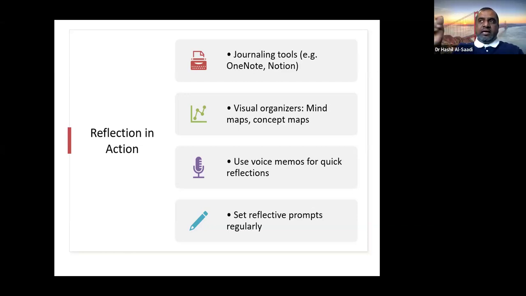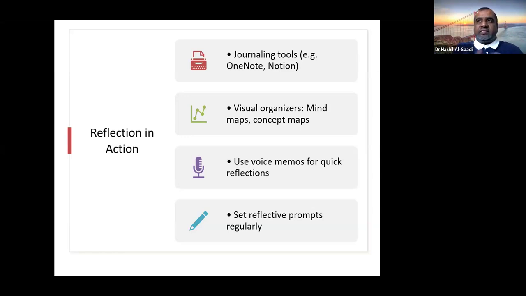Very useful. If you are not writing, you can draw. You can put your thoughts down on a piece of paper in terms of visual organizers, like mind maps or concept maps. Or you can even use voice memos for quick reflections. This is important because sometimes you get an idea, and if you just leave it for two hours, we live in a very fast-paced world.